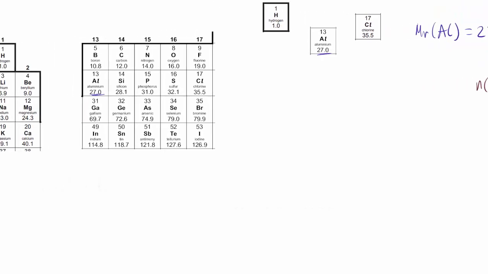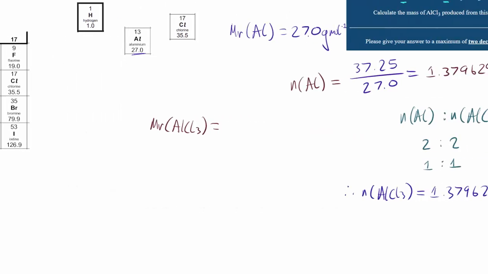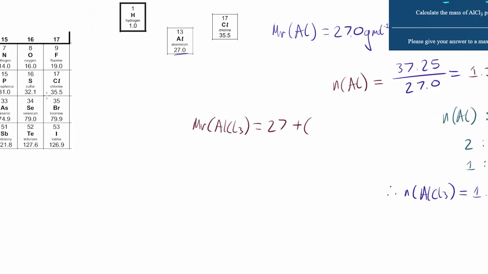What you should find is, for AlCl₃, for the Al we've got 27, plus, in brackets, the Cl, which is 35.5, and then we multiply this by the occurrence.